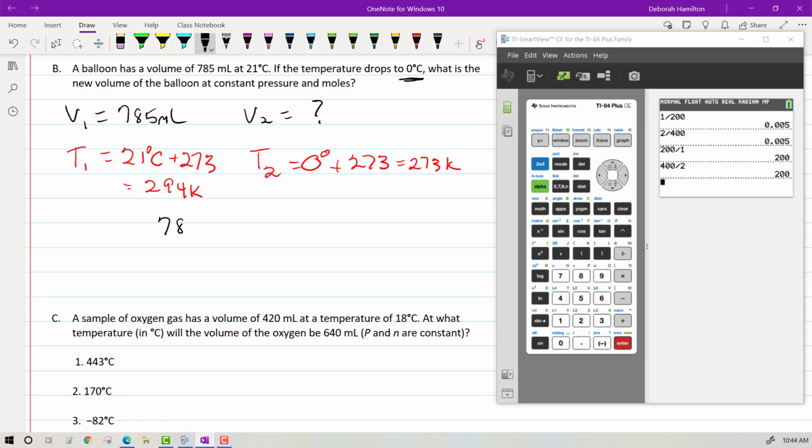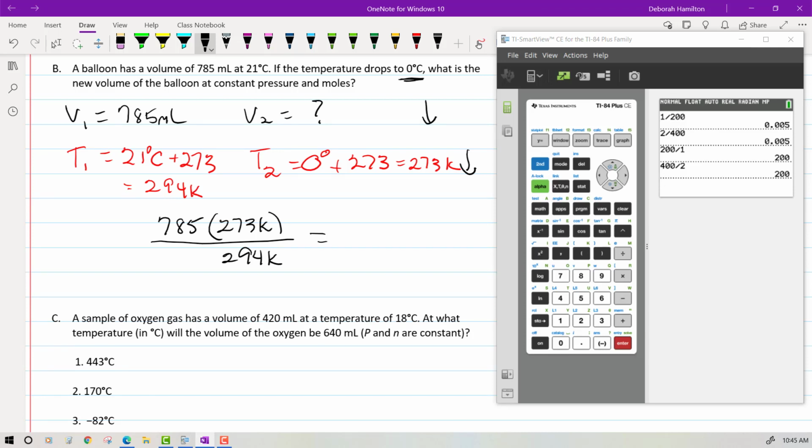785 times T2, which is 273 Kelvin, over 294 Kelvin. And again, you can make a prediction. If this is a direct relationship, and temperature is going down, which it is from 294 to 273, volume must also go down.